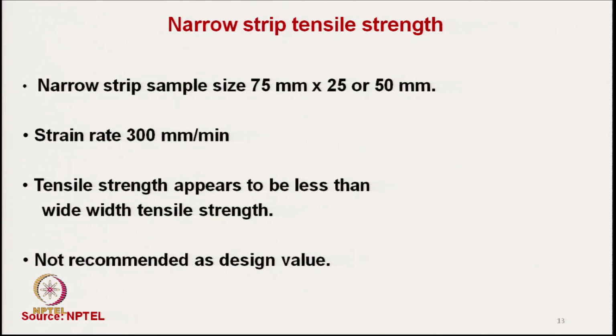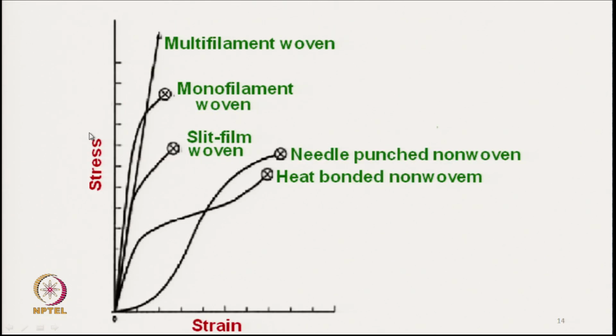tensile characteristics. As I have already mentioned earlier, along with the tensile strength value, we must get the total stress strain curve. So, from there we can get an idea about the performance at lower strain.